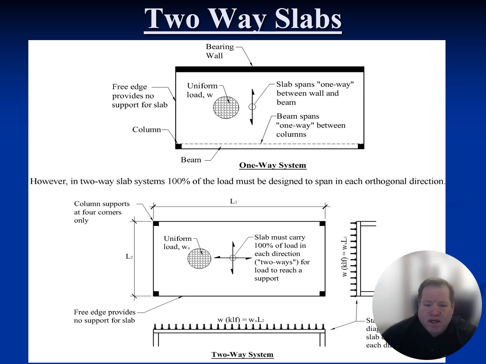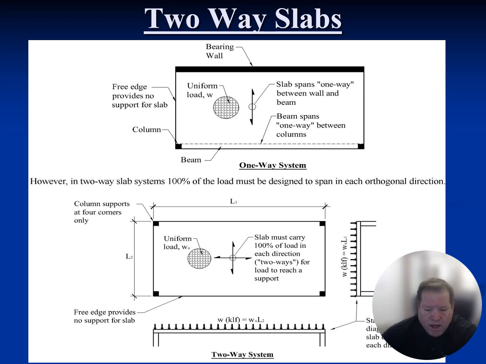This is a very simplistic difference between the one and two-way systems. Up top is the one-way system, where the slab is designed in the one-way, the short direction. This would be the weak direction where you have temperature and shrinkage, and a beam or a wall provides bearing support in the east-west direction where the slab is going north to south. The major difference for a two-way system, shown here, is you're designing the slab north-south and also east-west.